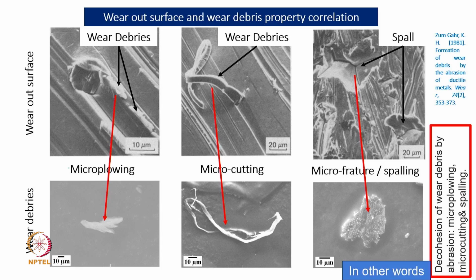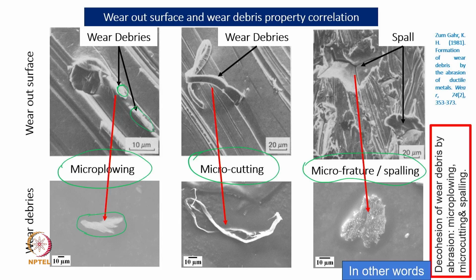In this case micro plowing has been shown, micro cutting, and micro fracture or spalling in this case. What is the meaning of that? In this case you can see that the debris is very small. It is a kind of thin two dimensional chip, it does not have much thickness.